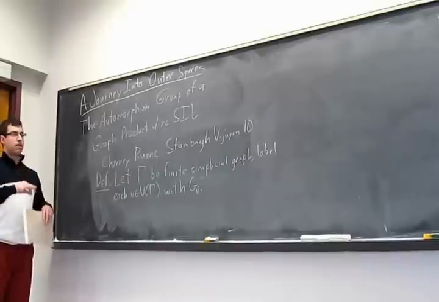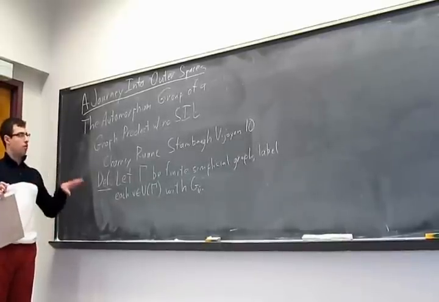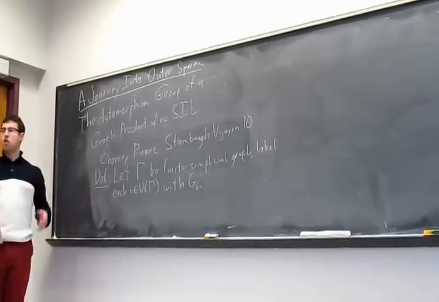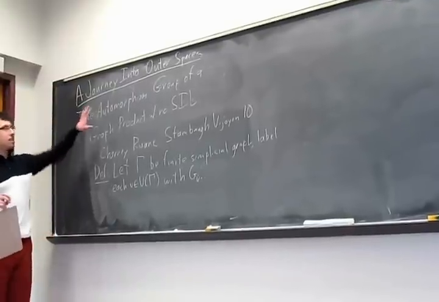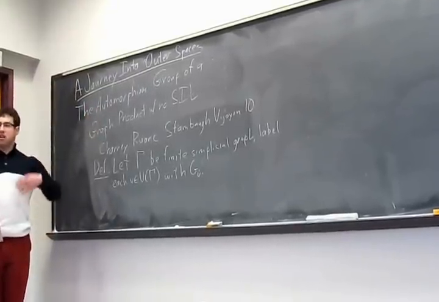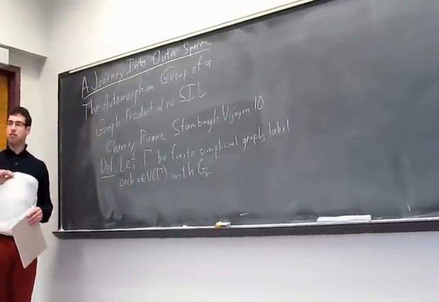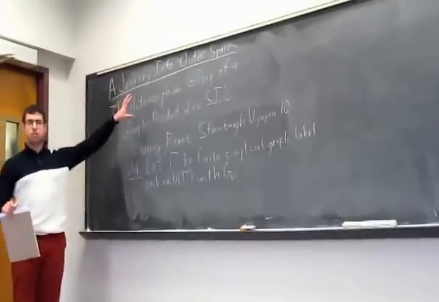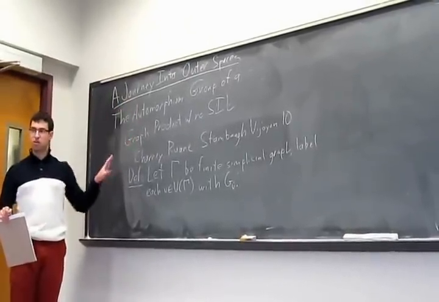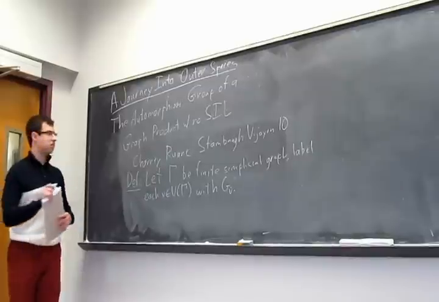For the rest of the talk, all of our vertex groups are always going to be finite cyclic. In the paper in question, they also consider the infinite cyclic case, and you can have a mix of the two. But since my eventual goal is dealing with right-angled Coxeter groups, I only really care about the finite cyclic case.